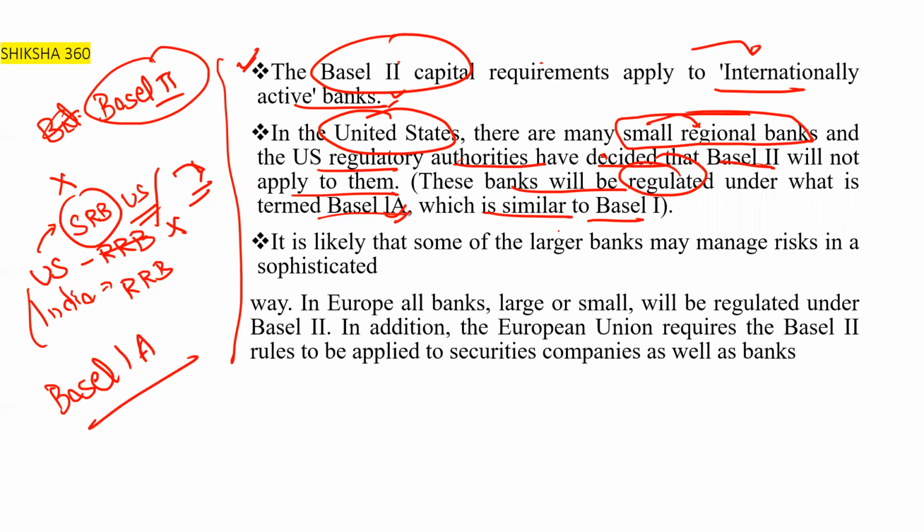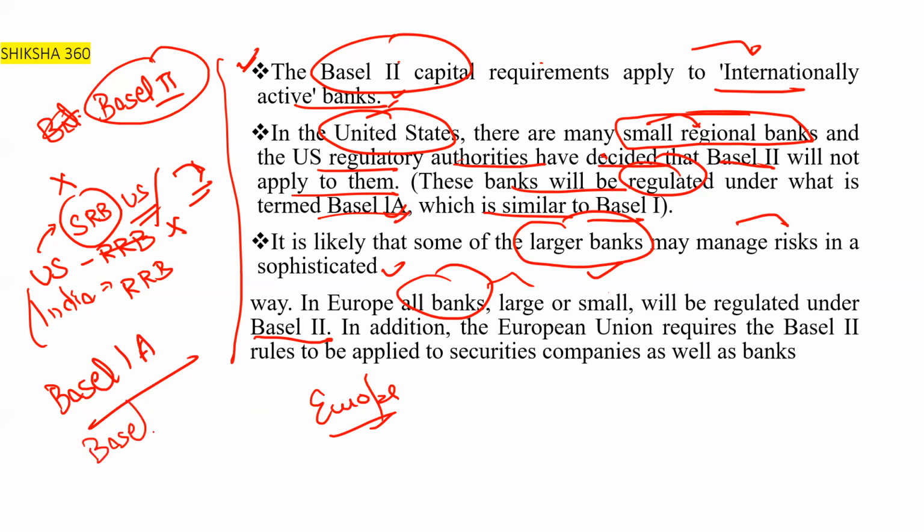It is likely that some of the larger banks may manage risks in a sophisticated way. In Europe, all banks, whether large or small, will be regulated under Basel II. So this provision regarding Basel II norms is not implemented in the US on small regional banks, but in Europe it is implemented on all banks, small or large, because Basel norms were formulated in Europe.